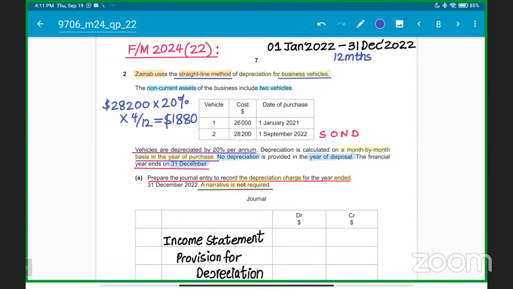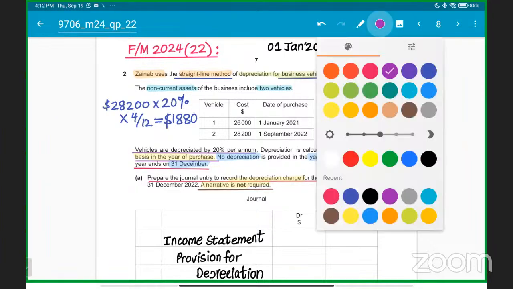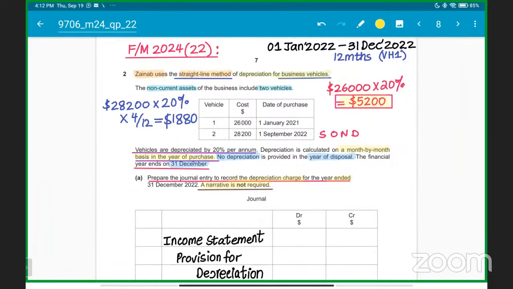The depreciation is simple: 26,000 into 20%, which is 5,200. So the complete depreciation for the year will be 5,200 plus 1,880. Let me know if anyone has doubts or questions up till now.